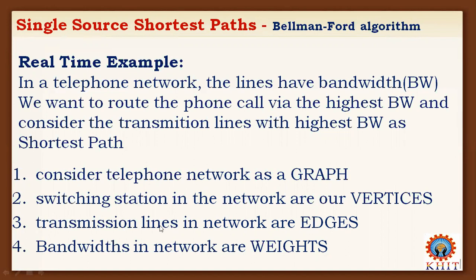Those are considered as vertices and edges. And the bandwidth in the network is to be considered as the weight. From one switch station to another switch station there is a bandwidth, which can be considered in terms of weights. In this way, we can consider many examples for single source shortest path.